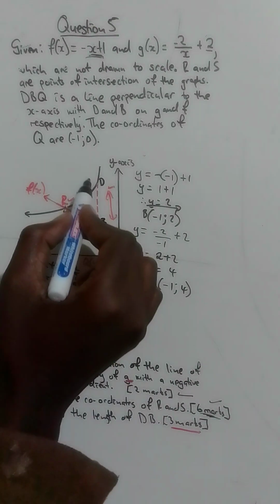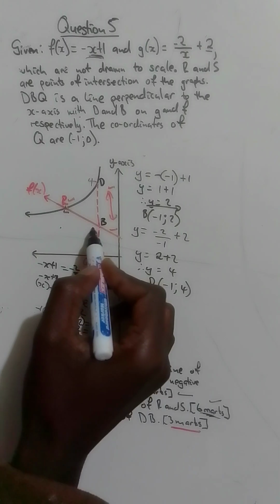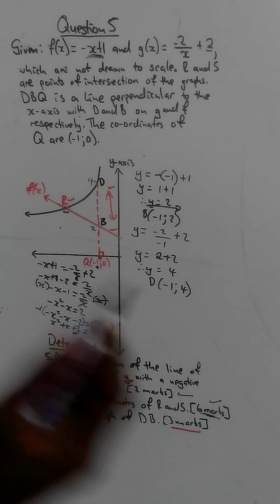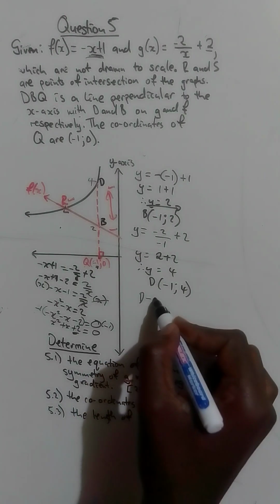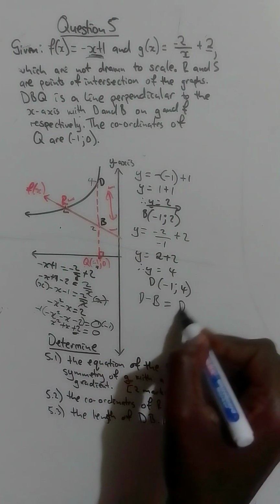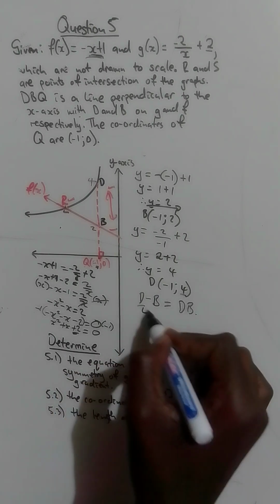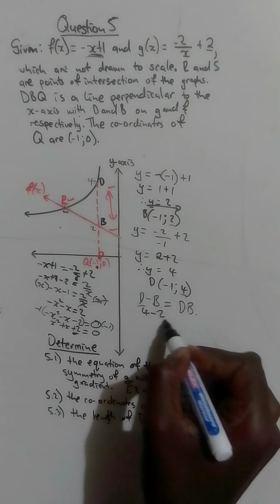So here, this is 4, and here, this is 2. But we want to know the length between these 2 points. So now we say length of D minus B is equal to DB. What is the y value at point D? It's 4. Minus the y value at point B, it's 2.